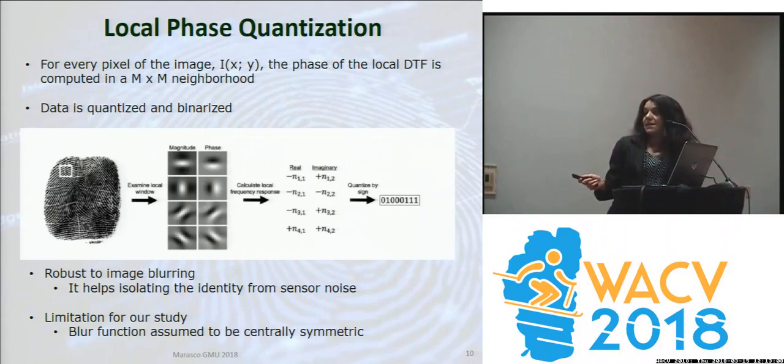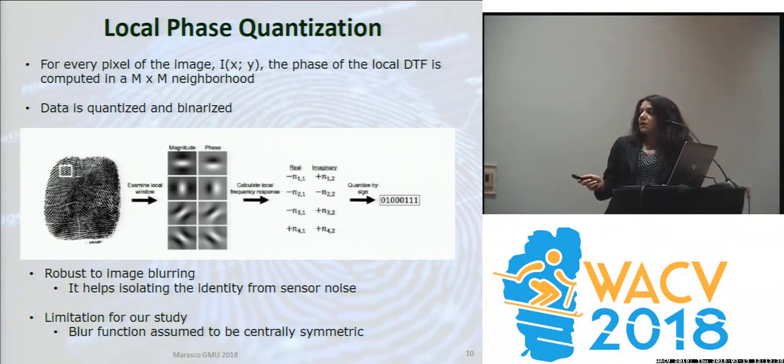And then local phase quantization is robust to image blurring, so this helps to isolate the identity from sensor noise. Again, the process is a local texture analysis: we apply a short-term Fourier transform, quantization, binarization, and again we extract histograms, so our features are histograms.